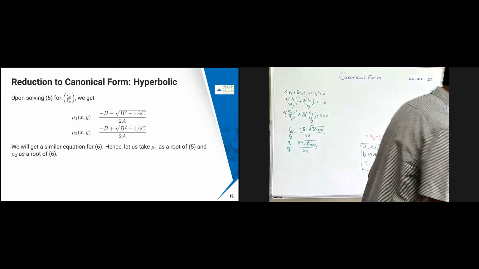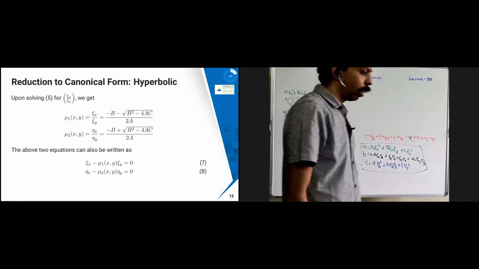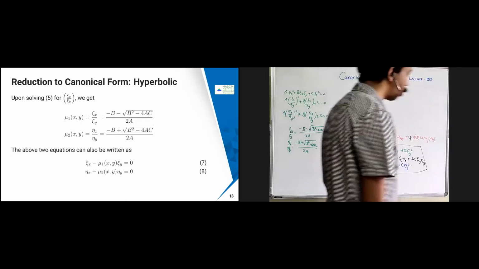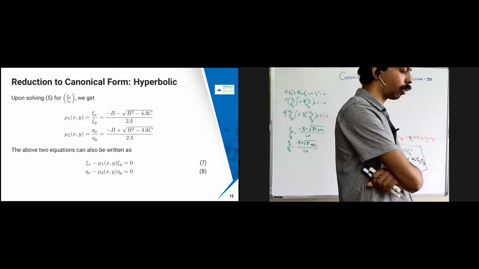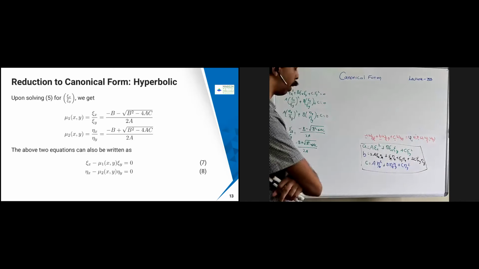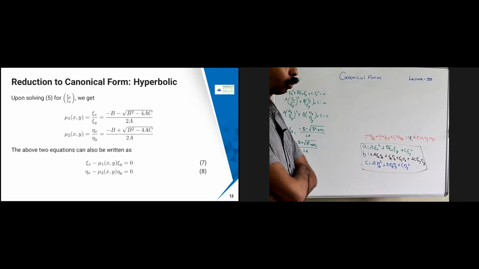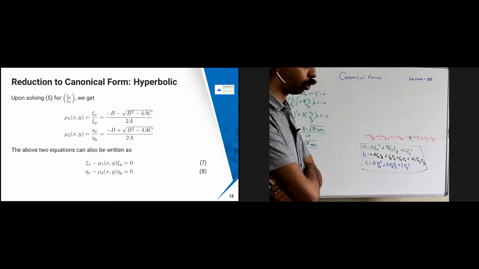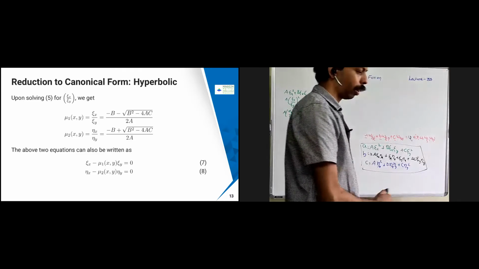One I assign to chi, and the other to eta. Now we have these two equations, which can also be written in this form: chi_x minus mu1 chi_y equal to 0, and similarly eta_x minus mu2 eta_y equal to 0.